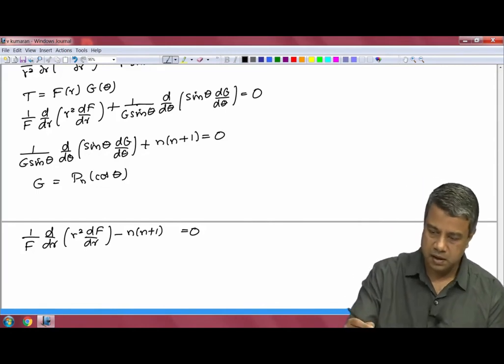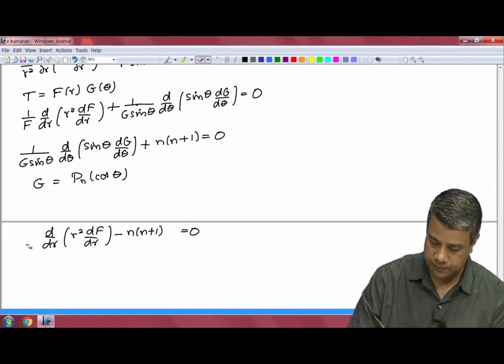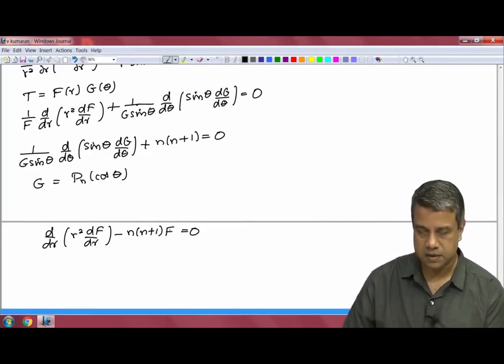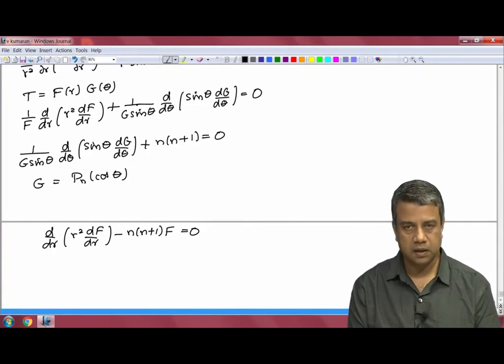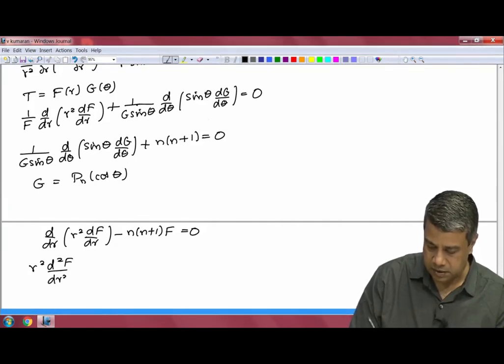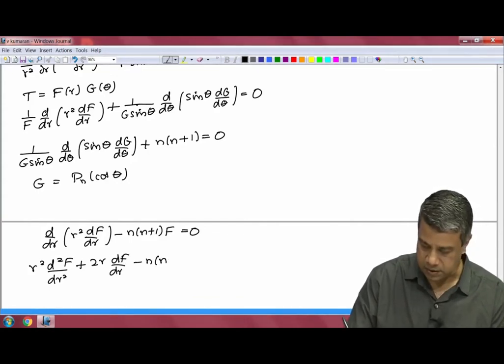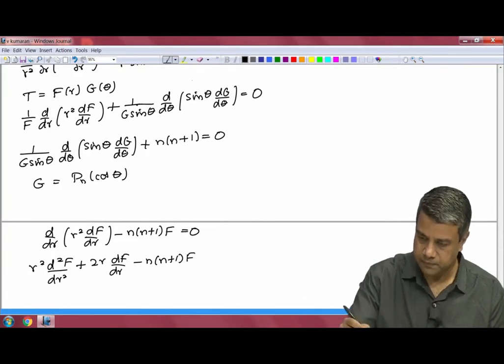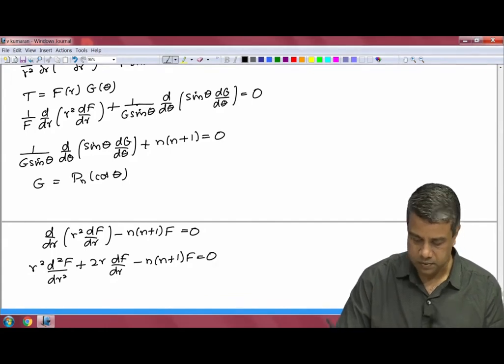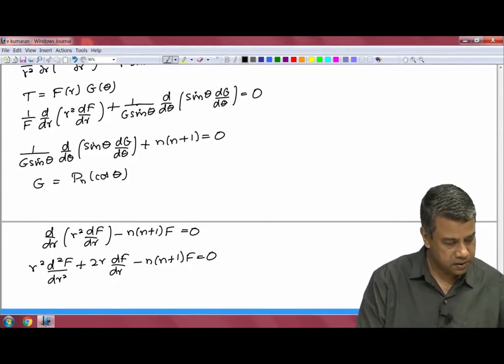I can multiply throughout by f, and I will get minus n into n plus 1 f is equal to 0. Expand out, you will get r square d square f by dr square plus 2r df by dr minus n into n plus 1 f equals 0.